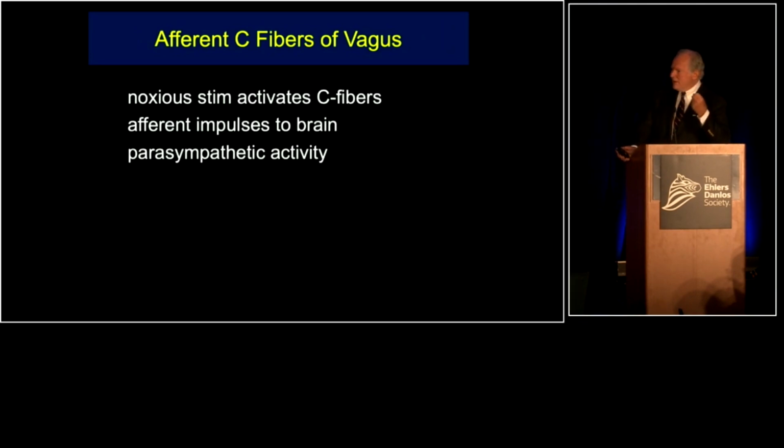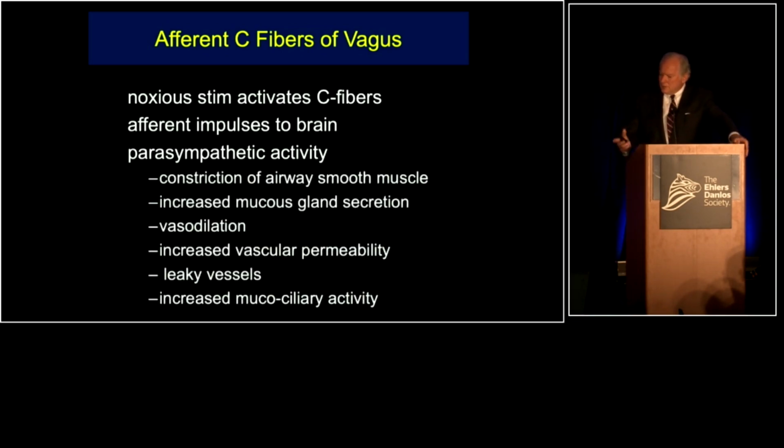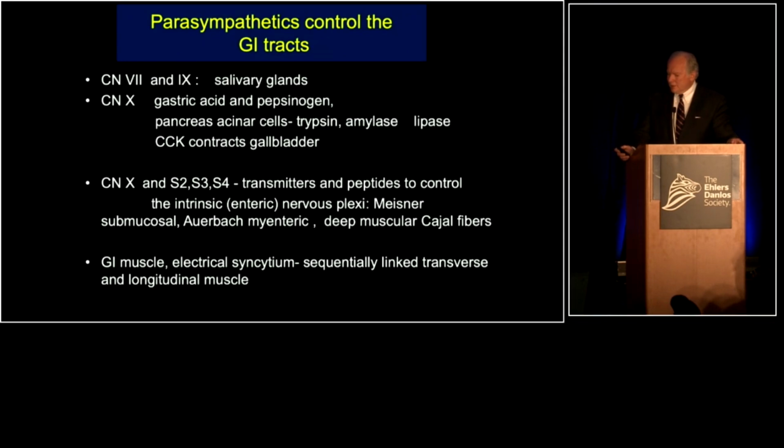And these C fibers, once stimulated, then trigger the vagus nerve to cause mucus production, constrict the airways, cause asthma-like symptoms, many of which are similar to what Ann Maitland has been discussing. They also increase vascular permeability.